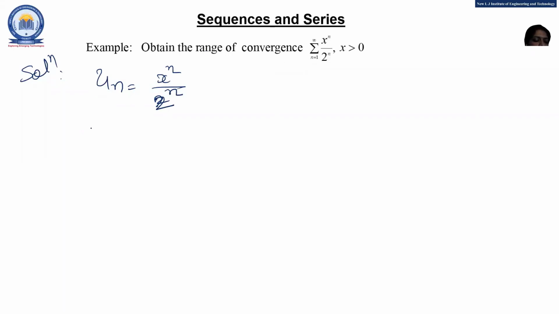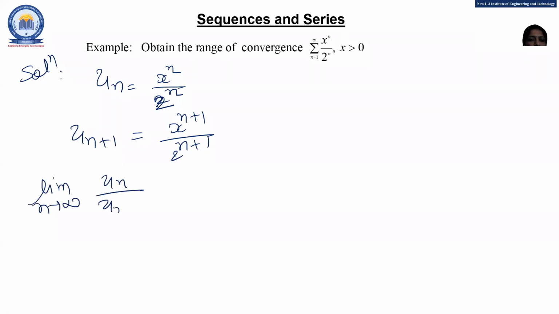So first we have to check whether the given series is convergent or not. For that, our n plus 1 term, u(n+1), is x raised to n plus 1 upon 2 raised to n plus 1. As we go for the ratio test, that is, limit n tends to infinity of un upon u(n+1). What is un?